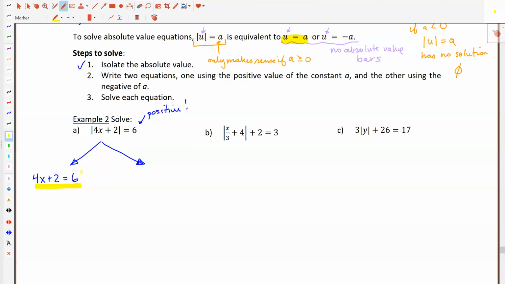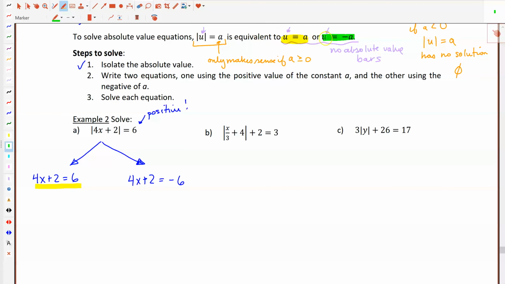That's case 1, the easy case. The other case that you cannot forget is 4x plus 2 is equal to negative 6.